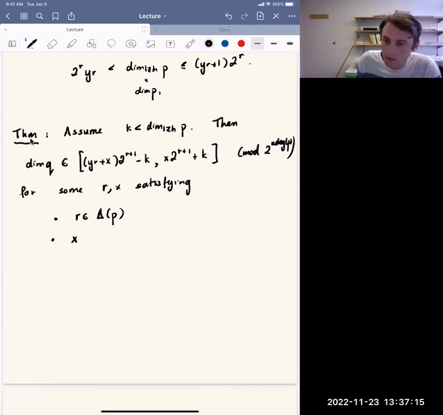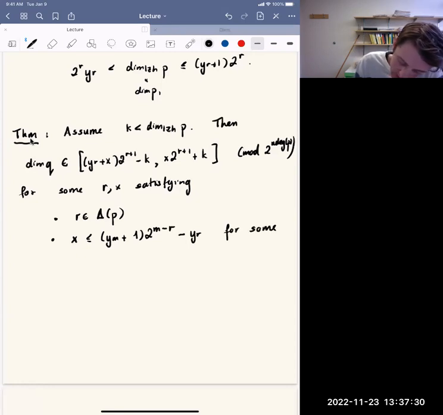So this looks a little bit more complicated. So x has to be less than or equal to y sub m plus 1 times 2 to the m minus r minus y sub r for some integer m, which is again in this invariant delta p, but is now greater than or equal to the following integer.